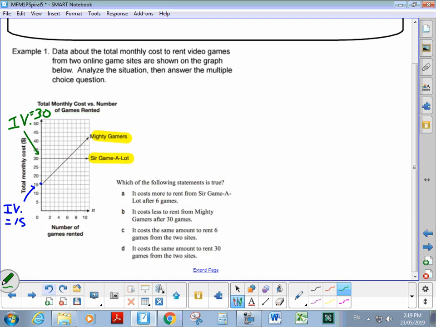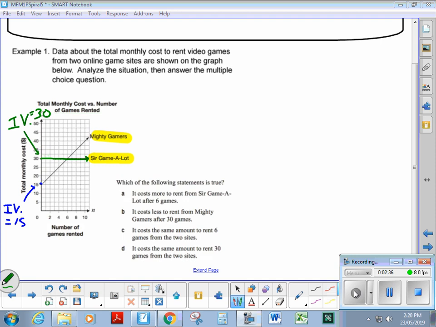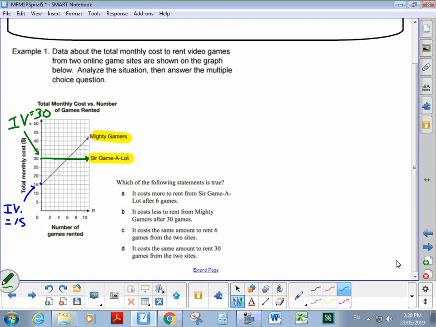Now we're looking at numbers of games rented. For Sir Game a Lot, if you look at the horizontal line, there's no change. So that means if I rent 2 games, 4, 6, 8, 10, and so on, it costs $30. They have a flat rate for their rental program. It doesn't matter whether you rent 3 games, 5 games, 10 games, you're paying $30 no matter what.